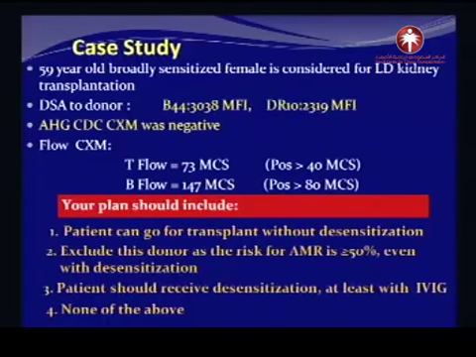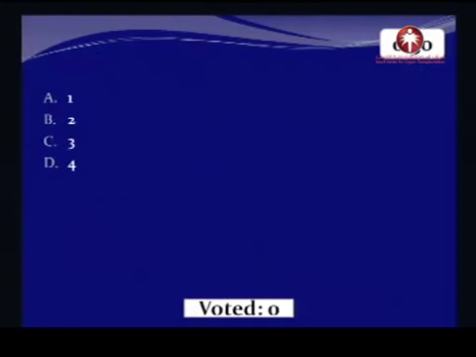Okay. If you are ready to pass your vote, the options are: she can go without desensitization, or exclude the donor, as this is a very risky transplant with a high percentage of AMR, or at least give her desensitization with IVIG before you send her for transplant, or none of the above. If you are ready to pass your vote, pass it now, please.